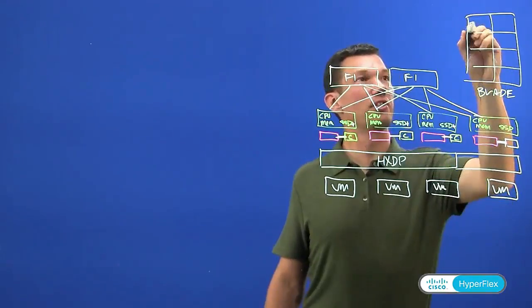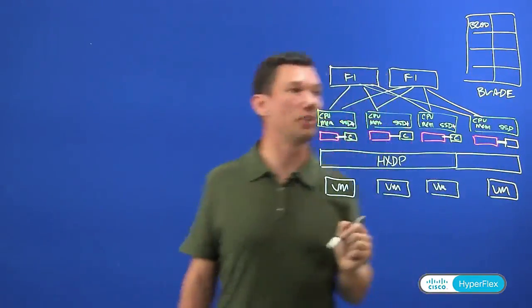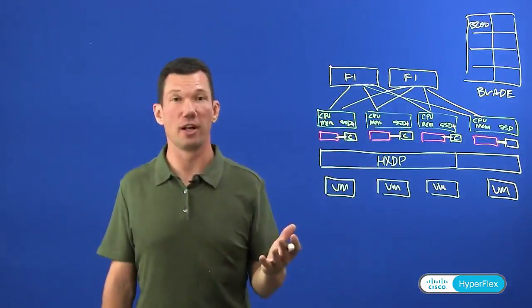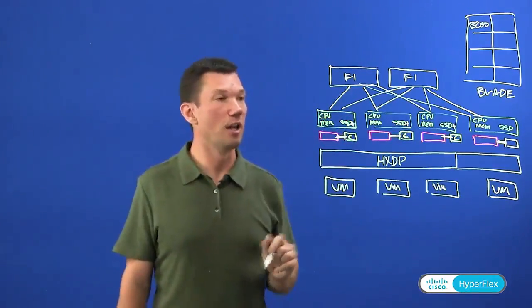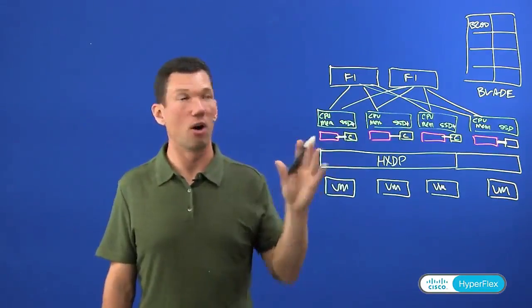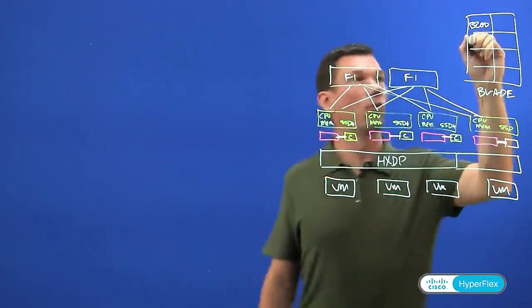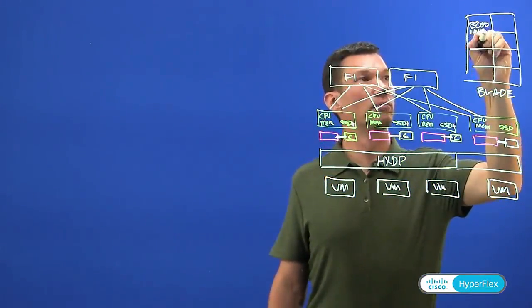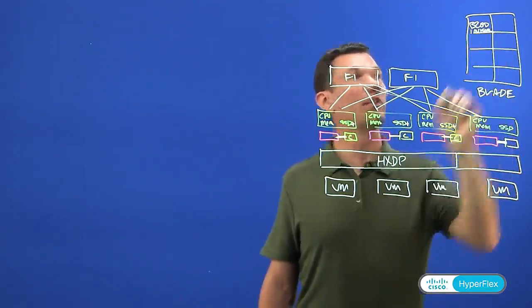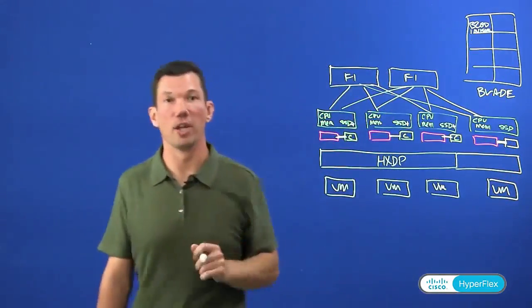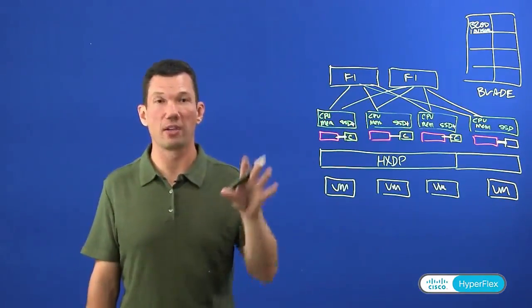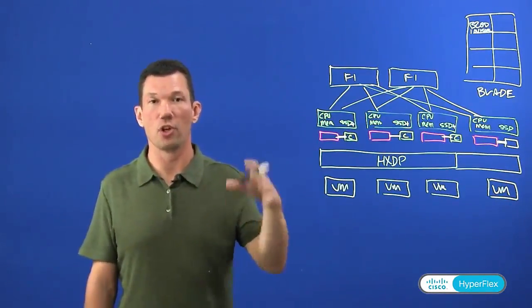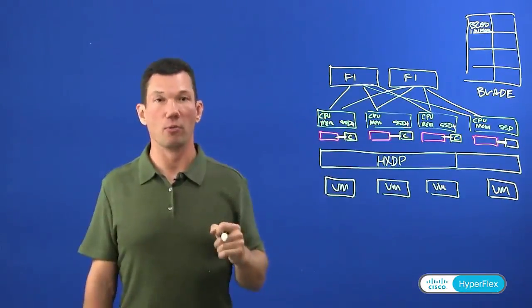So if that customer is an existing UCS customer, let's say, for instance, this is a customer that has an existing blade chassis, they've got a bunch of B200s sitting out there, this is something we can also integrate into a HyperFlex conversation with the HyperFlex installer on a specific blade, and with that install comes an instantiation of the IO visor. Now, we talked earlier about the fact that the IO visor does a couple different things, and one of those things is to abstract all of the storage resources away from the node upon which it sits.